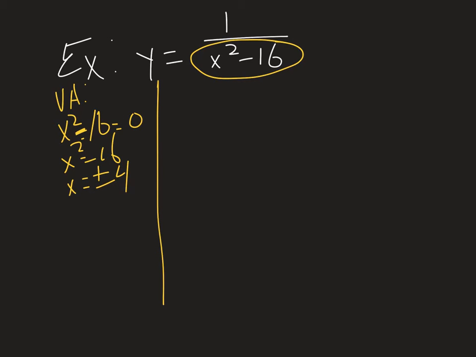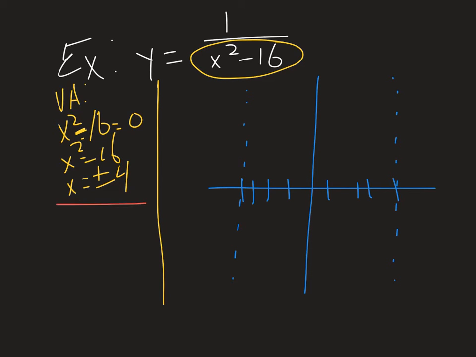So if we go to our graph, we have 2 vertical asymptotes in this case. We've got one at positive 4, and we have one at negative 4. Can't cross those lines. So we're going to have 3 pieces to this function. And likewise, very similar to the last one, as I increase x, well, y is going to approach 0.